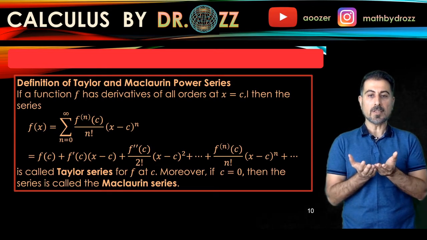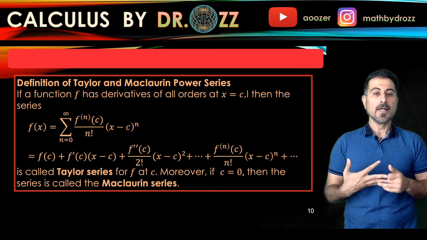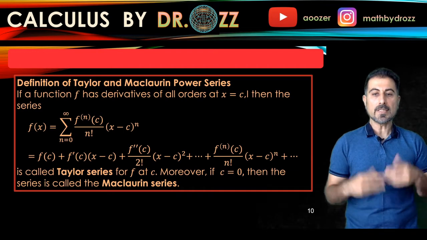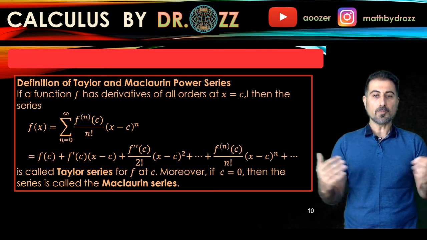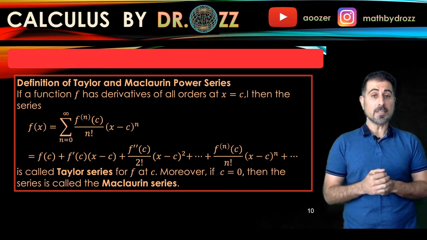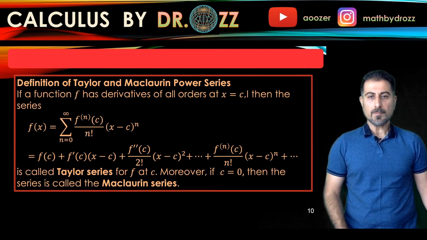This infinite series is called the Taylor series for f at the center c. And if c is specifically equal to 0, then the series is called the Maclaurin series. So essentially, the power series that we obtain is called the Taylor series or Maclaurin series at the given center. Okay, so this was the second thing I wanted to show you.